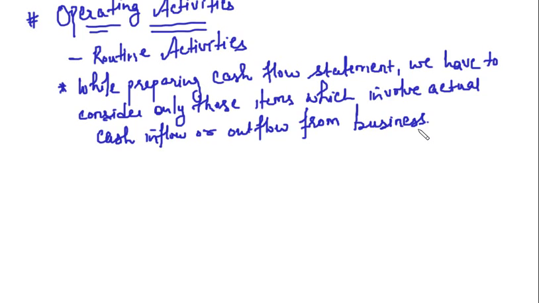But today we can't say that. It is in your head only that you have to buy a notebook of rupees 50, but there is no actual cash outflow from your pocket. So while preparing the cash flow statements, we have to consider only those items which involve actual cash inflow and outflow. This is very important.